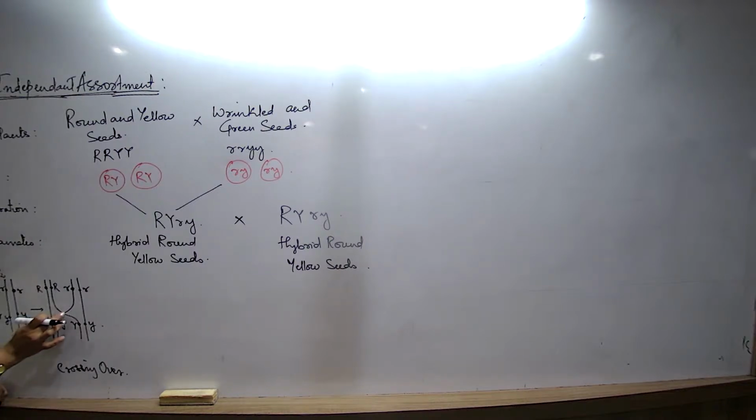So at this point of connection, they generally get broken down like this, and then इस तरह से the two chromosomes now get joined. पहले this was one chromosome. Now at the point where they were connected, they get broken down, and two parts from two different chromosomes fuse together.